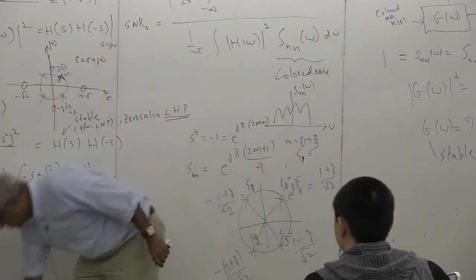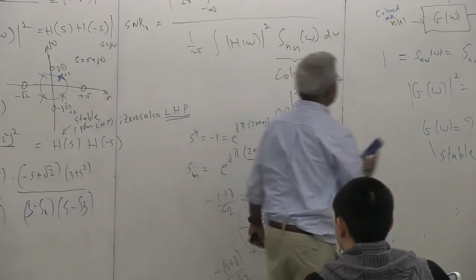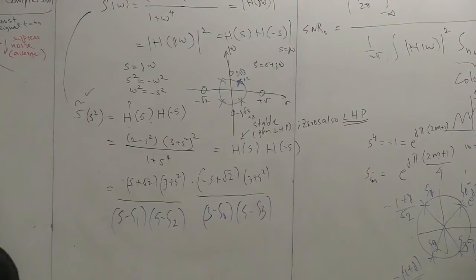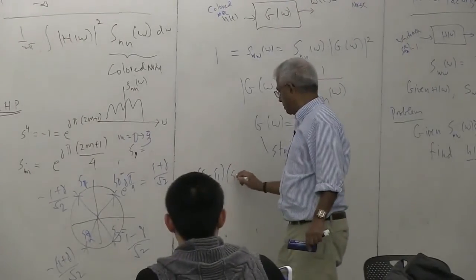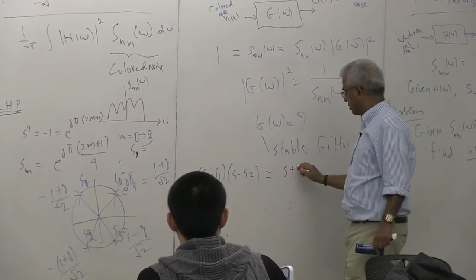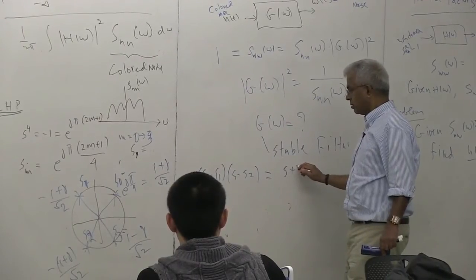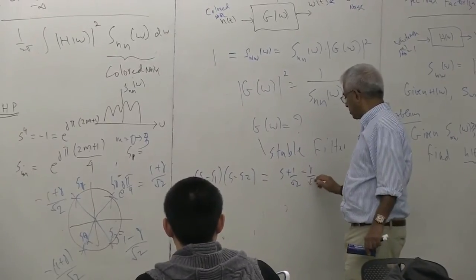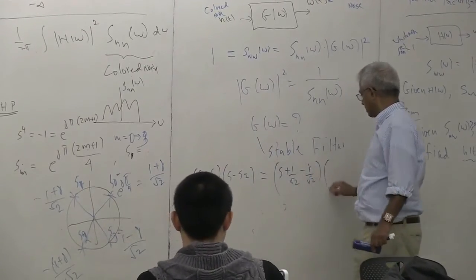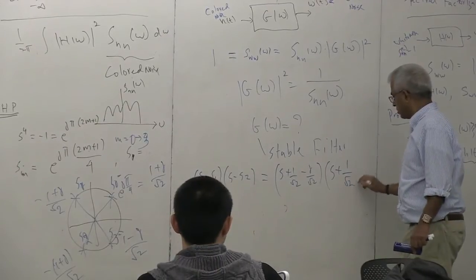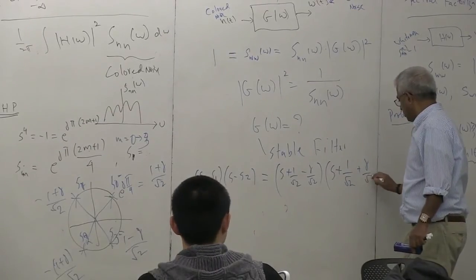Now you can simplify S minus S1 multiplied by S minus S2. This is S plus 1 over square root of 2 minus j by square root of 2, then S plus 1 over square root of 2 plus j over square root of 2.